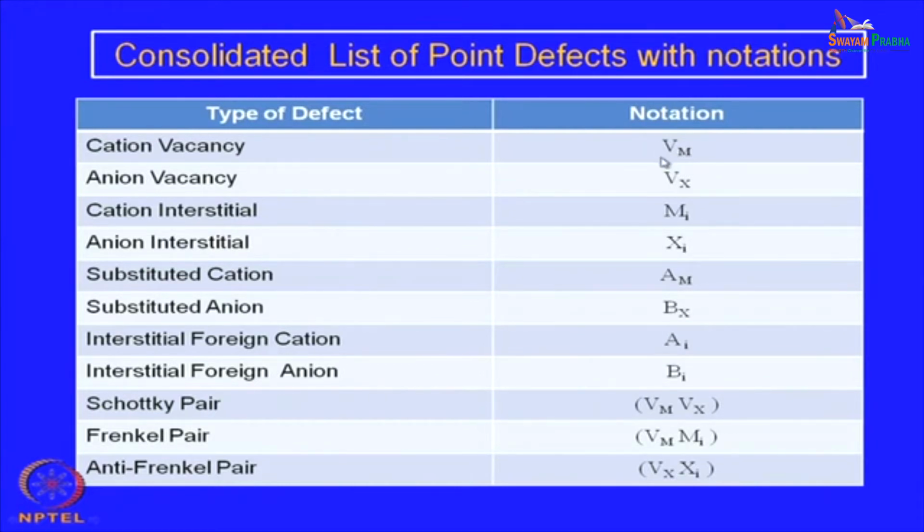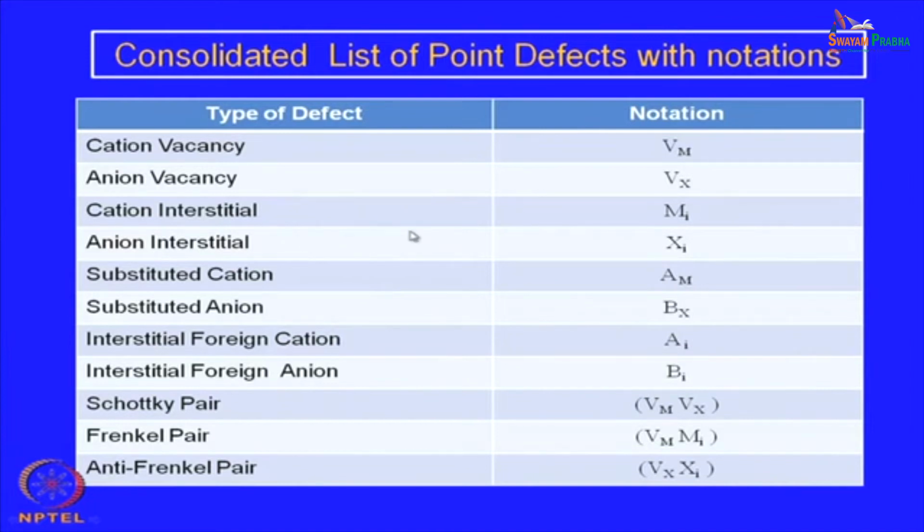So, Vm is the notation for the cation vacancy. Any vacancy is denoted by V. So, either it is Vm or the next one, the anion vacancy, is Vx. So, it is Vx and Vm.